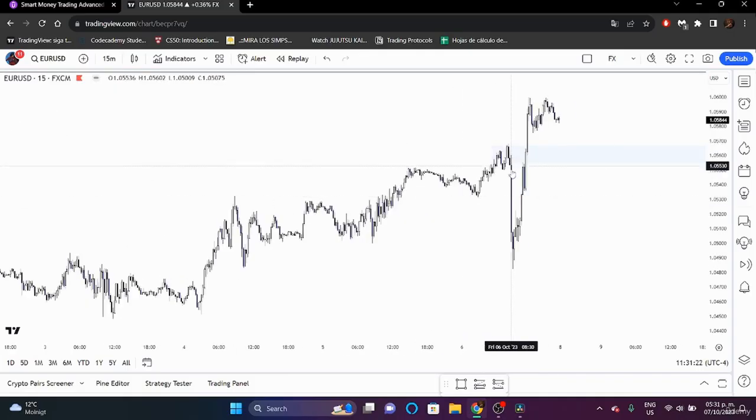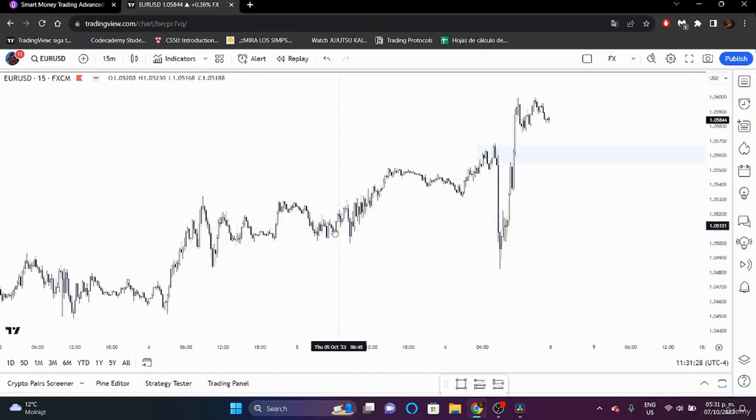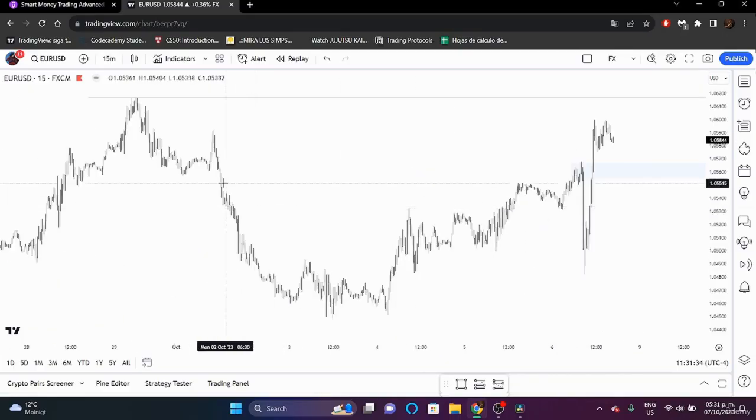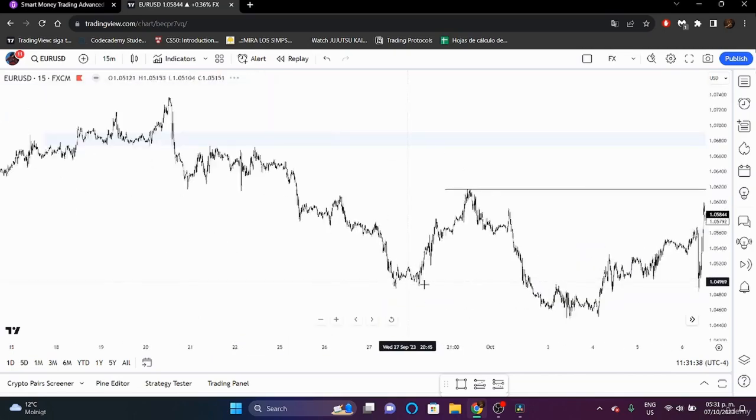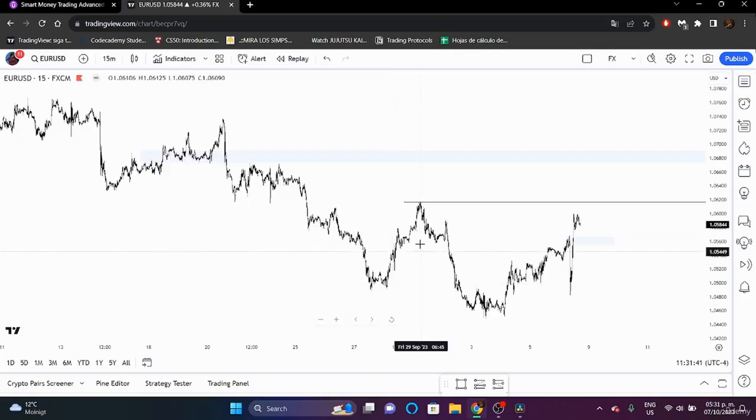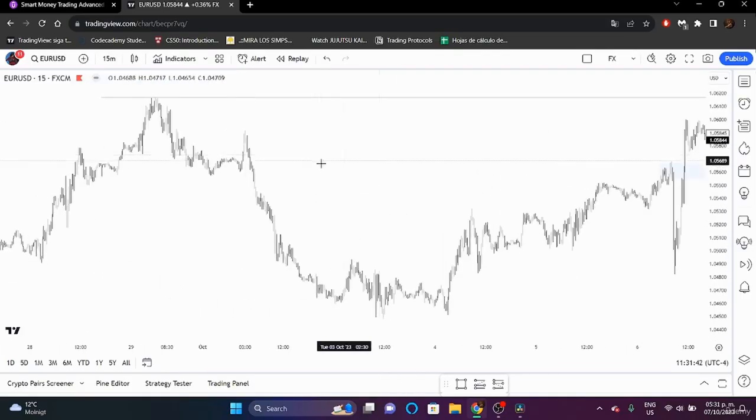However, are we going to use this? Not really, because this was NFP, which is pretty much a no-trade day. As you can see, the market didn't do much the same days before and that same day, so no. Also, the price already went all the way to our target, so we wouldn't use this as a breaker block anymore.